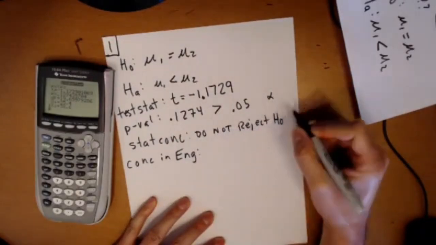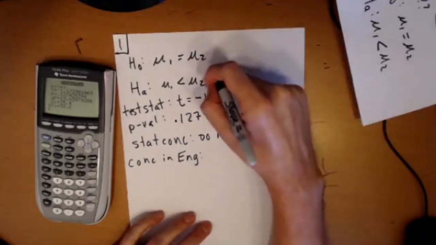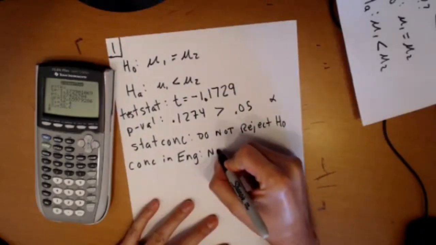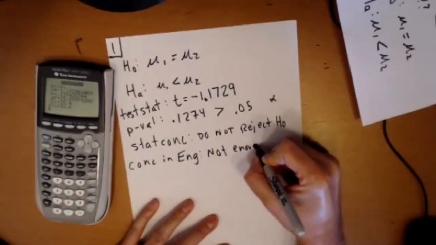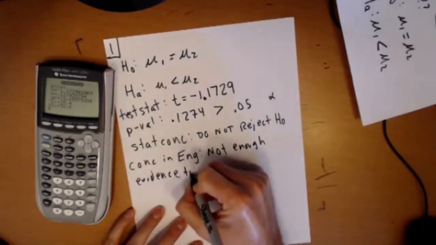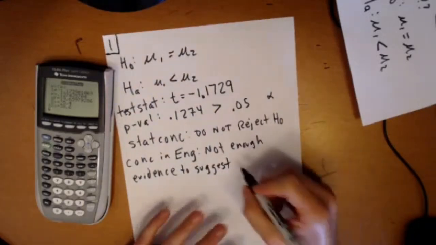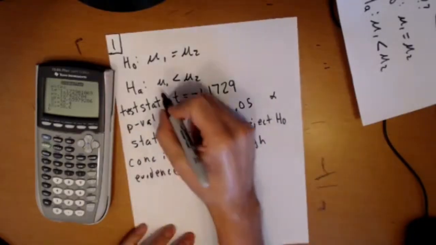Do not reject H0, which means we're stuck with it. There's not enough evidence to suggest mu1 is less than mu2.